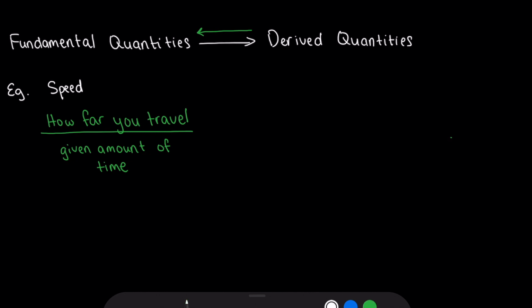And that's often represented as, if we look at our units, a certain length over a certain amount of time. And if we go back to our fundamental units that these quantities represent, that would be meters over seconds, right? And so that means that our derived unit for speed would be meters per second.